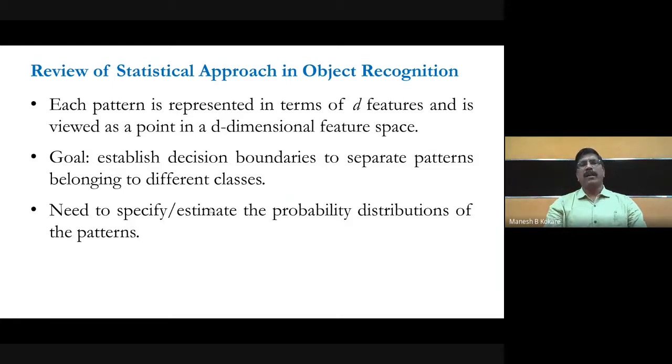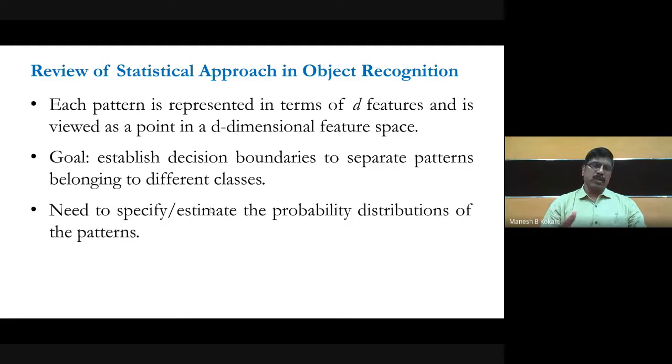Once you have represented that, our goal for object recognition is to partition the feature space into different regions by establishing decision boundaries to separate the patterns belonging to different classes. For every class, there will be a different region of the feature space, so you have to establish that region by using decision boundaries.